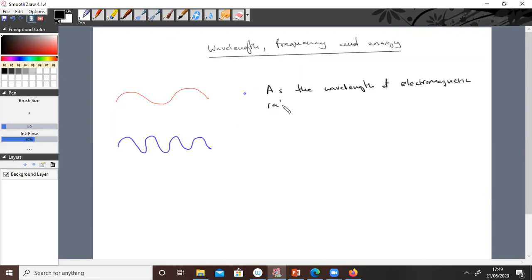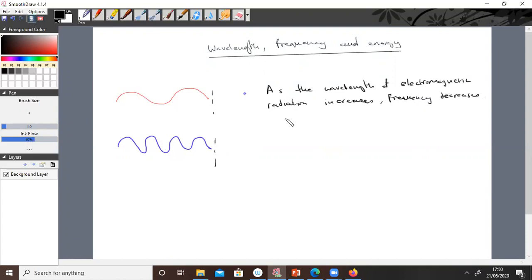So as the wavelength gets bigger, what's going to happen to frequency? The opposite is going to happen. The frequency will decrease. The number of waves going past a point every second will decrease. Imagine these two are traveling at the same speed. If I draw a point here and a point here, more of these waves will get past this point in 1 second than these waves will, because they're longer. So as the wavelength of electromagnetic radiation increases, frequency decreases.